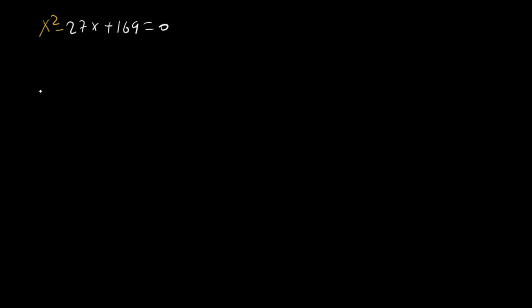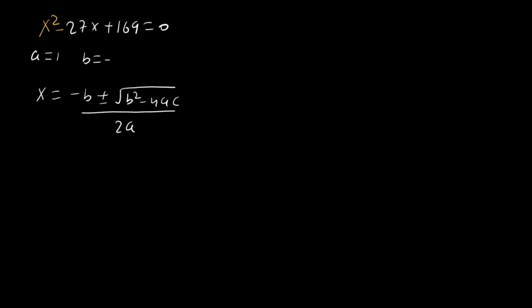We know that the quadratic formula is x is equal to minus b plus minus square root of b square minus 4ac divided by 2 times a. And here the value of a is 1, the value of b is minus 27 and the value of c is 169.